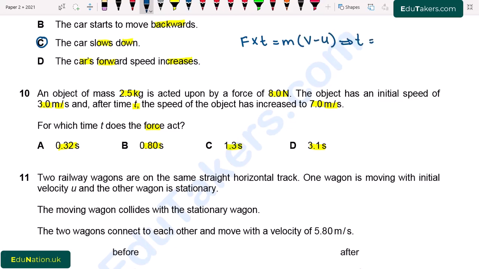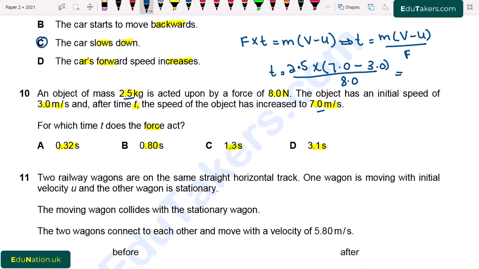From this equation, time will be equal to m(v minus u) divided by F. So t will be equal to the mass, which is given as 2.5 kg, multiplied by v, the final speed, 7.0 minus the initial speed 3.0, divided by the force, that is 8.0 newton. So the value of time comes to be 1.3 second. So from here option C is correct.